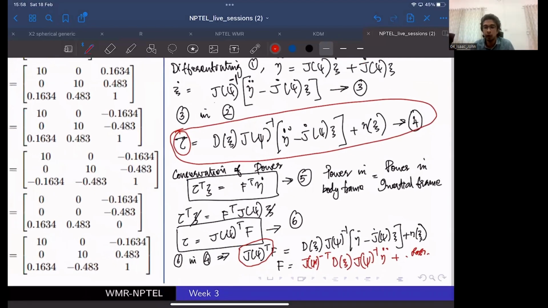So basically, your inertial matrix or mass matrix is just the coefficient of the acceleration vector, eta double dot.